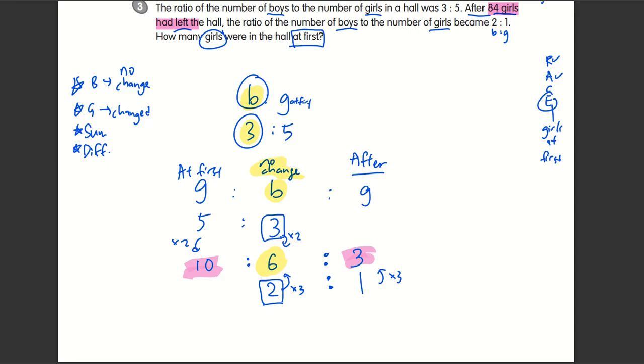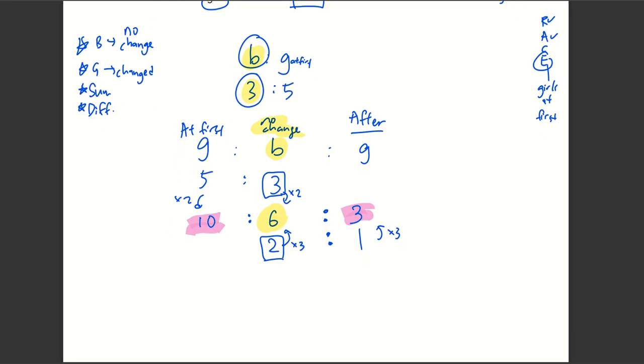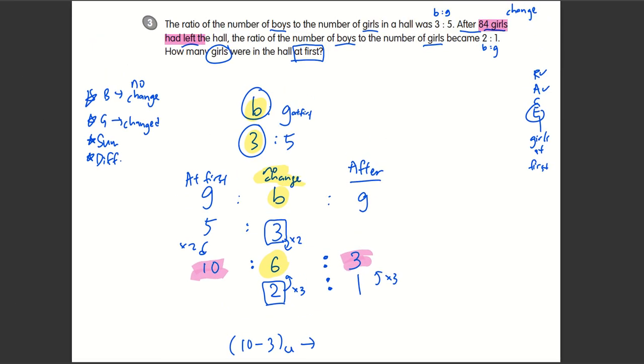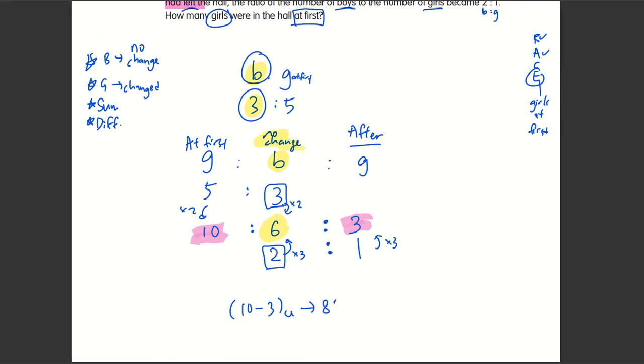So 10 units minus 3 units, that's 84 girls. That's how it has happened. At first there are 10 units of girls. Now after the 84 girls left, it became 3 units. So 7 units of girls has left.